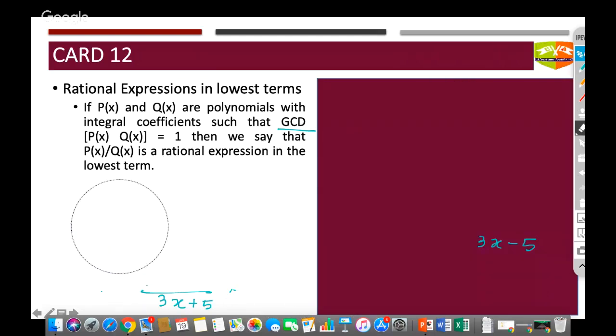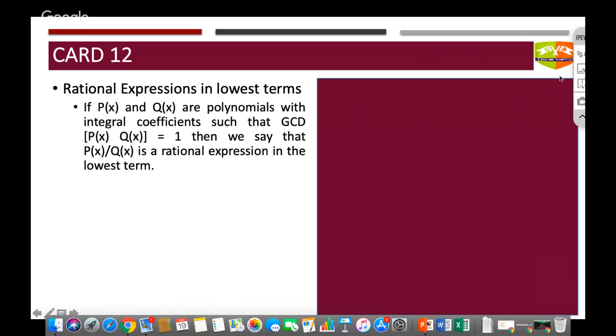So to identify whether any rational expression is in lowest terms or not, we need to find out whether the HCF of numerator and denominator is 1 or not. If the HCF is 1, it means it is in simplest form.